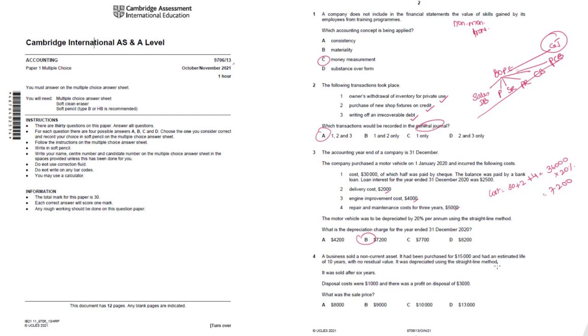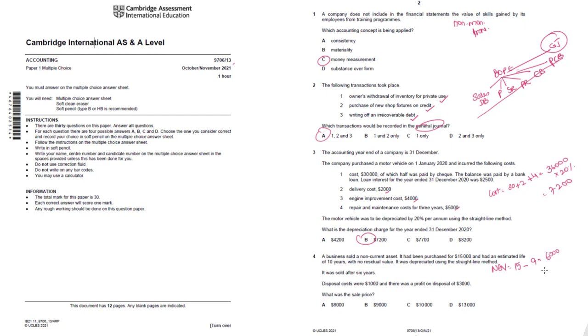What was the sale price? First calculate the net book value, which will be cost 15,000 minus annual depreciation, which would be 15,000 divided by 10, 1,500, depreciated for 6 years. So 1,500 into 6, 9,000 will be the total depreciation till date. So 6,000 will be the net book value. Now disposal costs were 1,000. Okay, let's keep that aside.